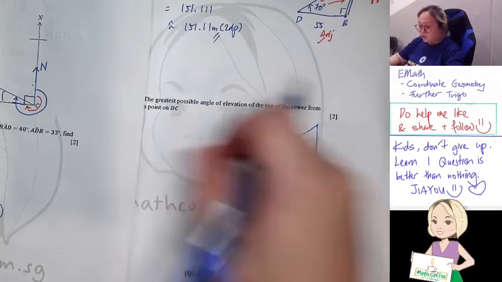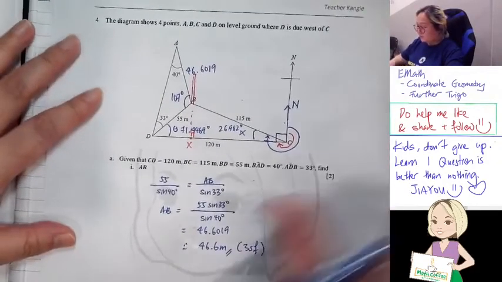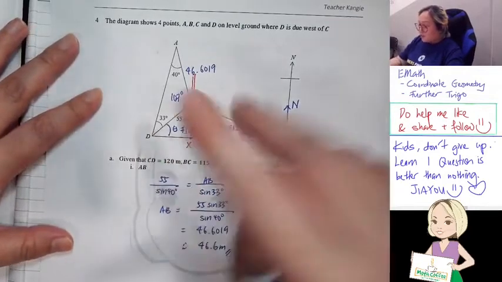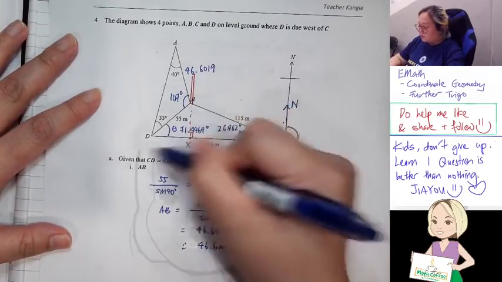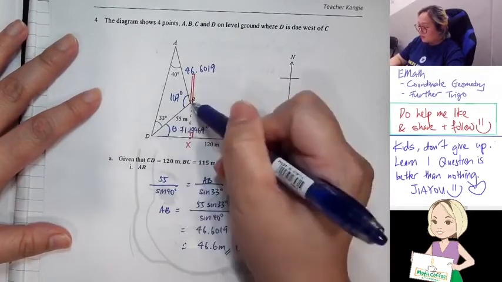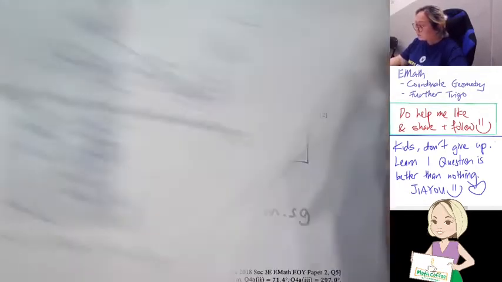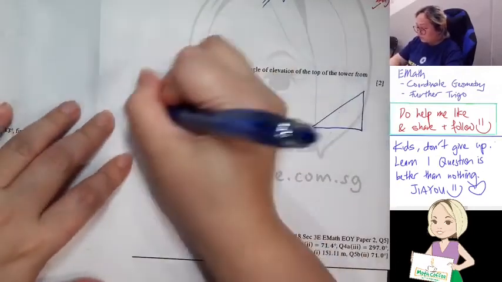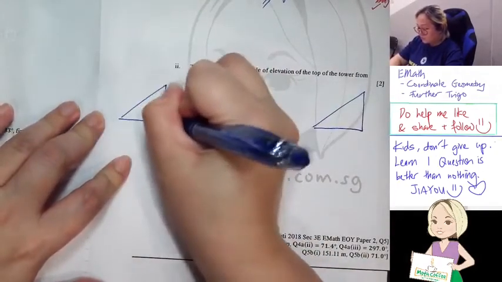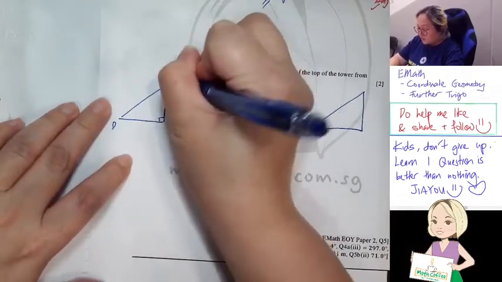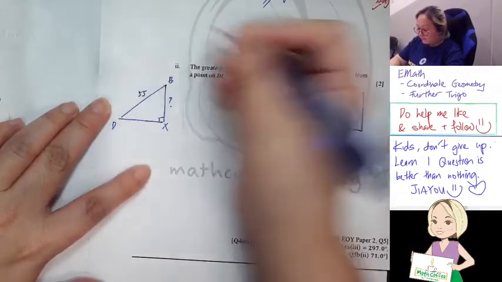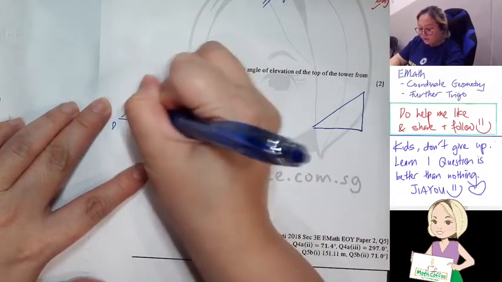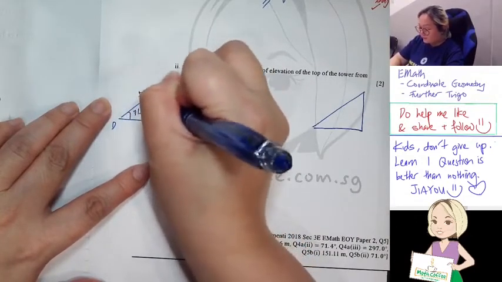Okay. So you will come back to here. I will use the Picasso to do it. Look at here. I have this triangle over here, BDX. This is the unknown. 55 I have. Angle I also have, which is 71.4469.